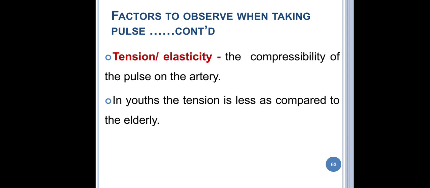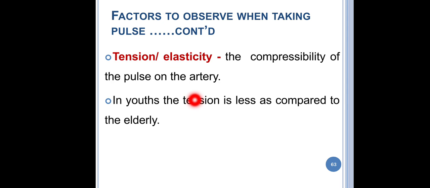And then there's also what we call elasticity or tension. This is just the compressibility of the pulse on the artery. In the young, the tension is less as compared to the elderly, because the elasticity of the young ones is actually better.